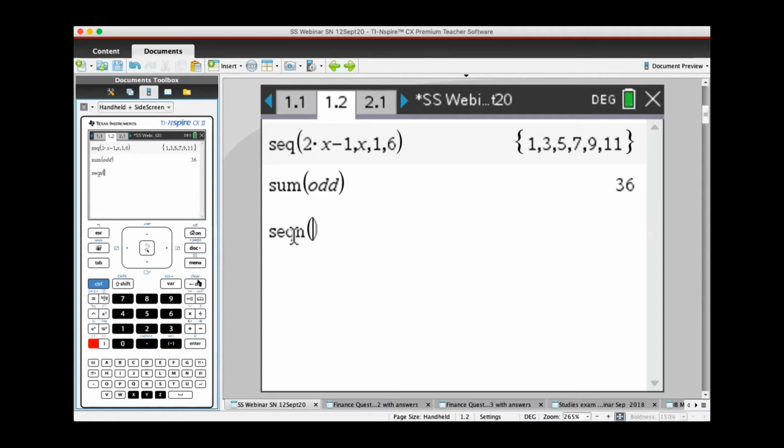So I'm going to get the same thing using 2n minus 1 this time. Because it is sequence n, it assumes your variable is n, so you do not have to specify n. It also assumes you want to start from the first term. So all you have to do is write the number of terms. Let's say I want five terms, and I press enter, right?